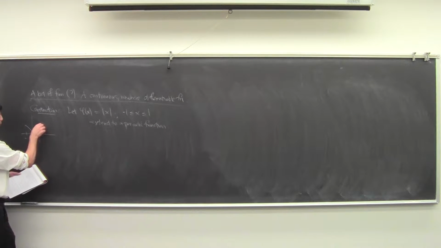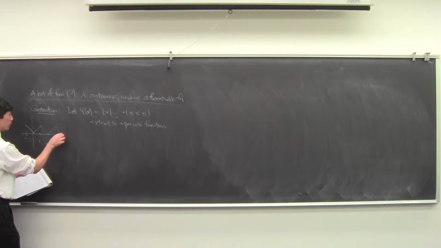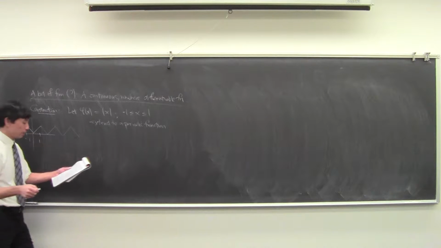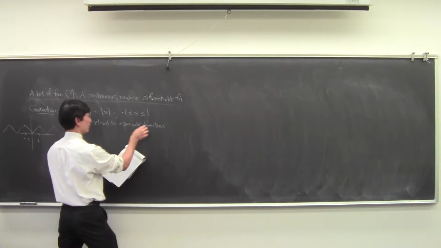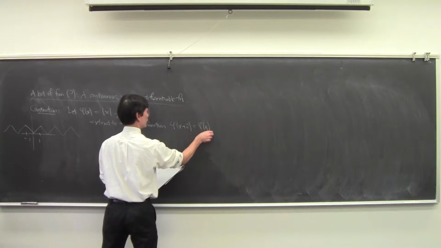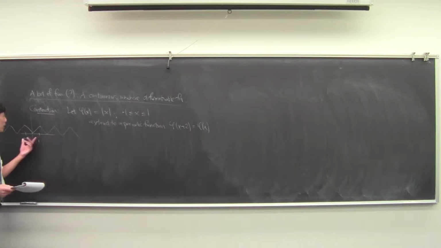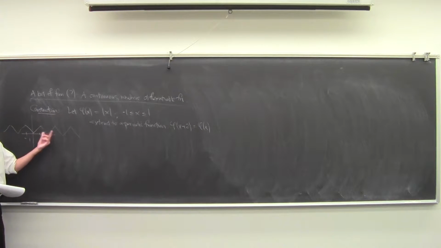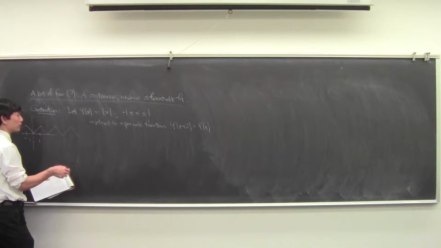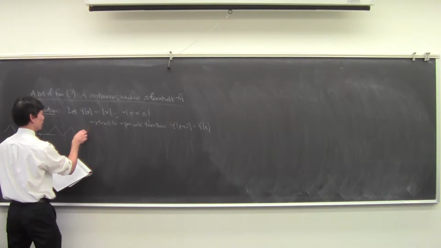So you just keep on repeating it. It'll have a period of 2, right? Every point you just keep on going 2 back until you get back into your original domain. Okay, so you start off with that guy.